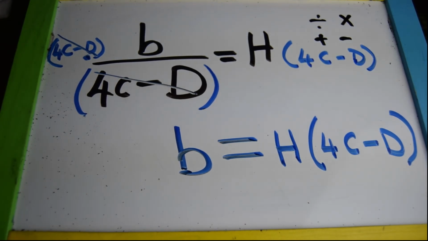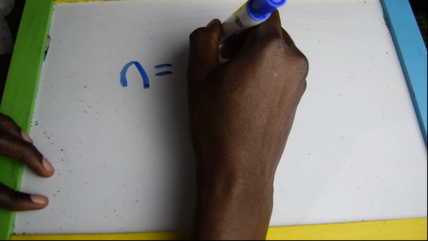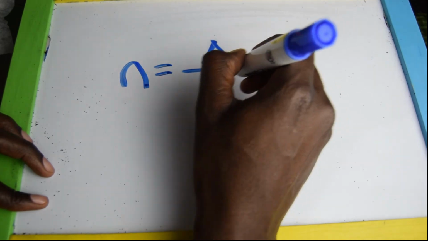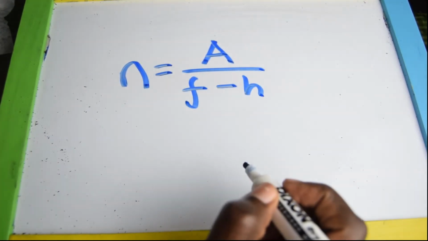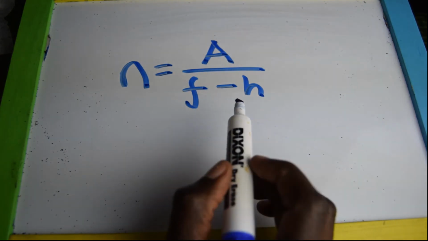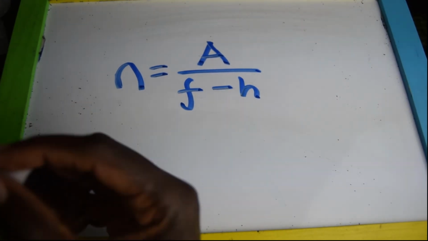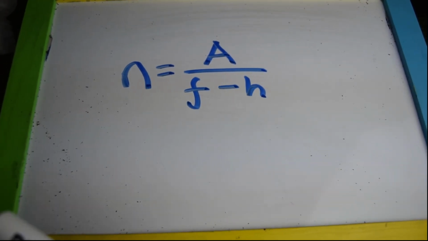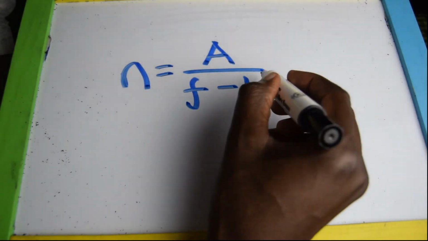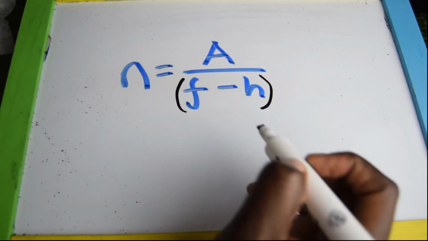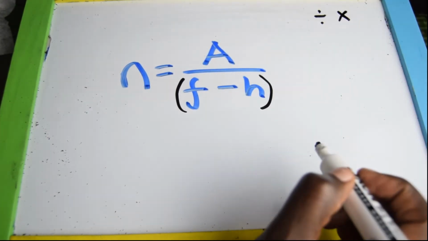The last one of the day, n equal a all over f minus h. And you're told to solve for a. Again, as I said earlier, a is dividing f minus h. So I will just put that in parentheses, and the opposite of division is multiplication.